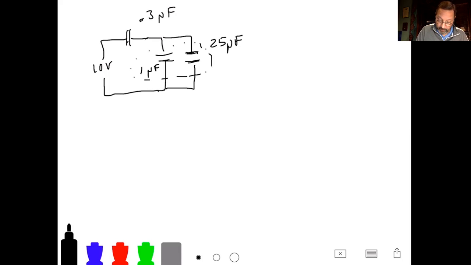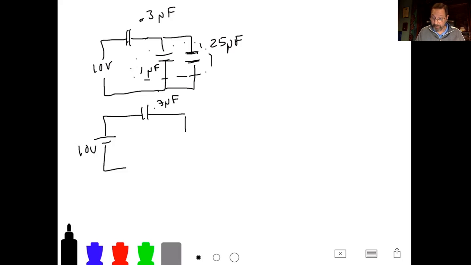So the very first thing we might do, let's make it look like a battery that's 10 volts. Let's draw that 0.3 microfarad capacitor. Then these two can combine, and as we said, for 2 capacitors in parallel, you just add their capacitance.